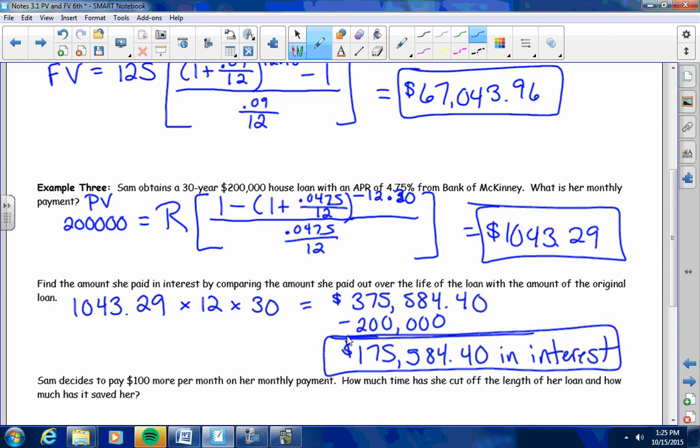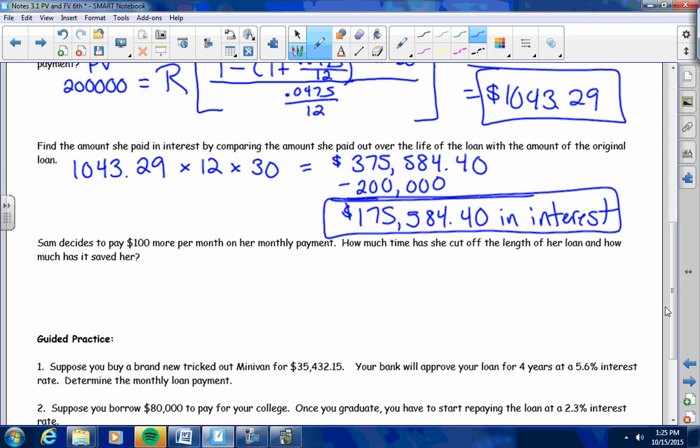Now, taking it a step further, she calculated this and she was like, oh my gosh, that is a ton of money in interest. What can I do to not have to pay that much in interest? Yeah, that's impossible. Nice try.